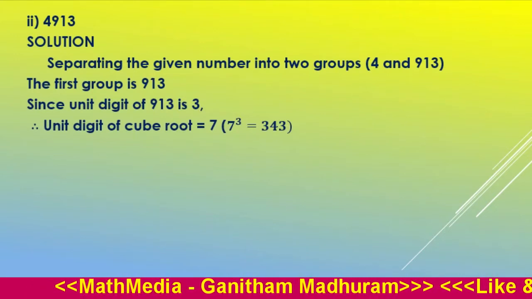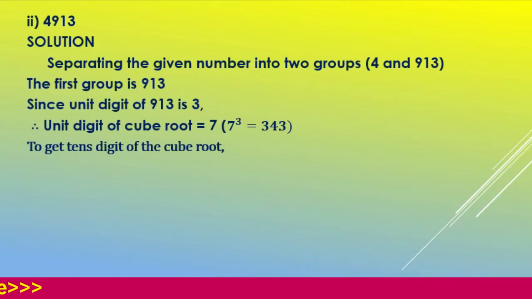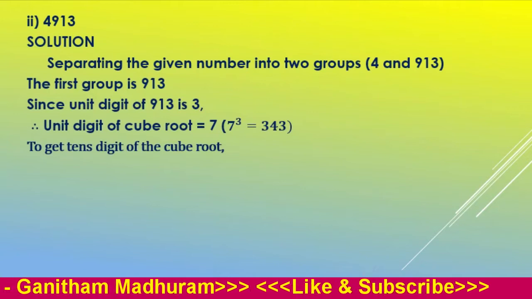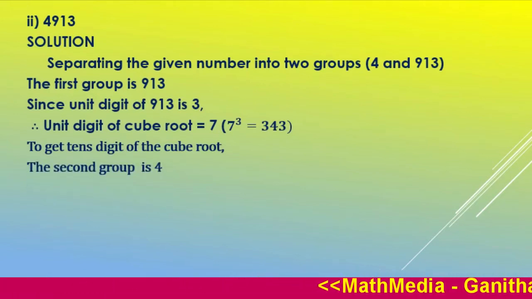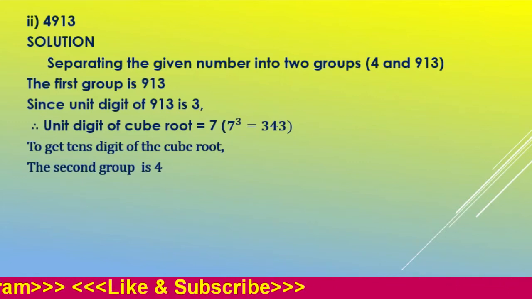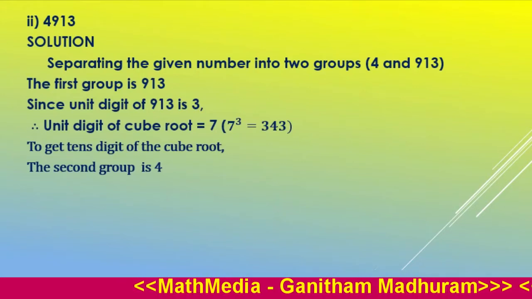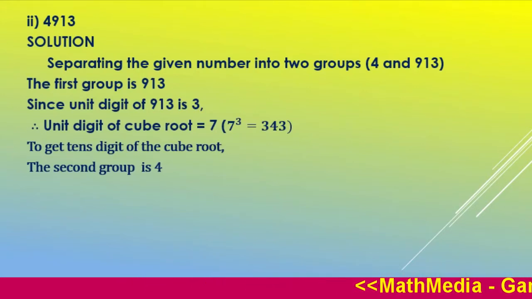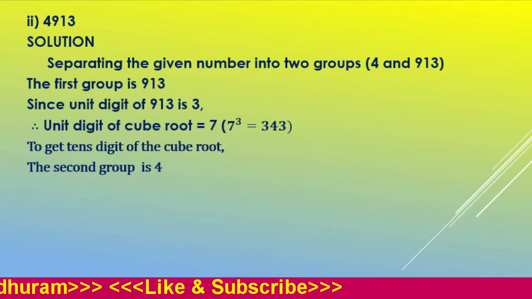Next, we have to take the second group. That is, to get the tens digit of the cube root, we have to take the second group. Our second group is 4, which is not a perfect cube. So, we have to find between which two perfect cubes the given number lies.